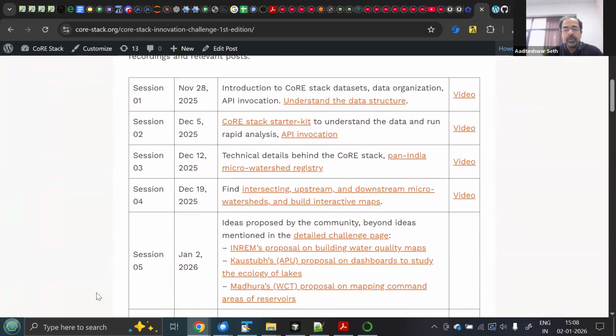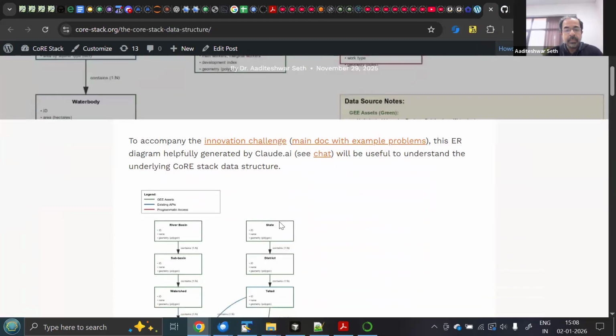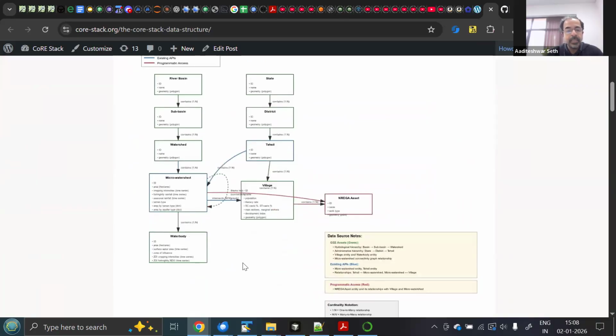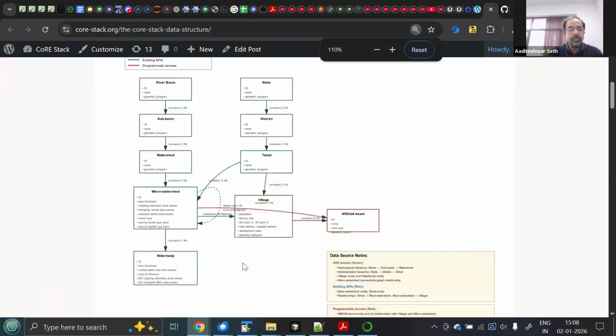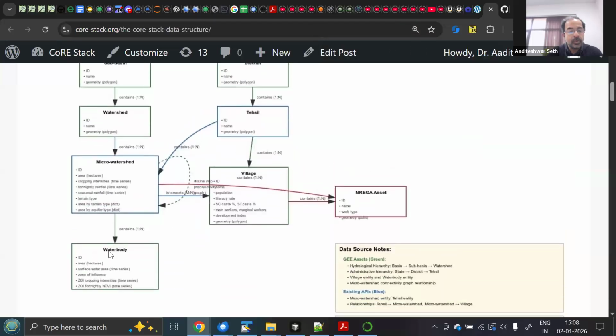This page will help you understand all the different things, and you can go over some of these previous recordings as well. This link about understanding the CoStack data structure will tell you how we are representing landscapes in terms of entities, such as water bodies. A water body has a particular geometry and properties like its area.